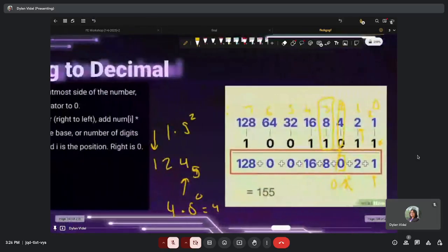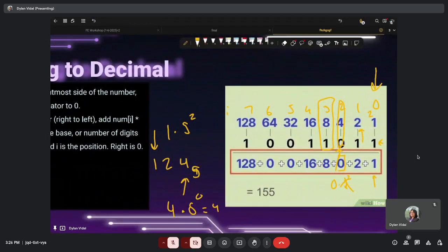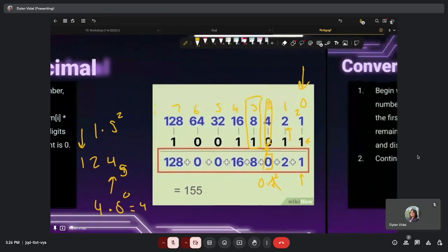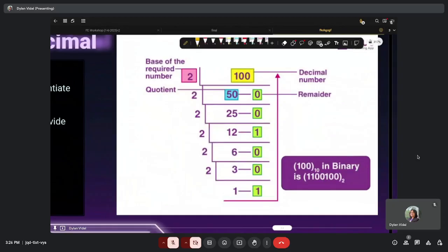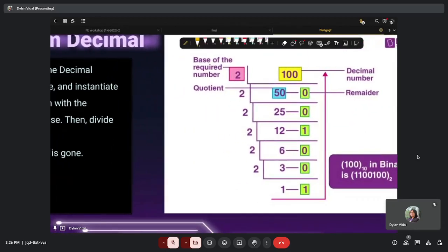You know how our indexes increase from right to left. The same kind of happens here where we're building it from right to left. So what we do is we take our decimal number and divide it by the base, and its remainder is what the position is going to be at that specific index. And we build it from right to left.